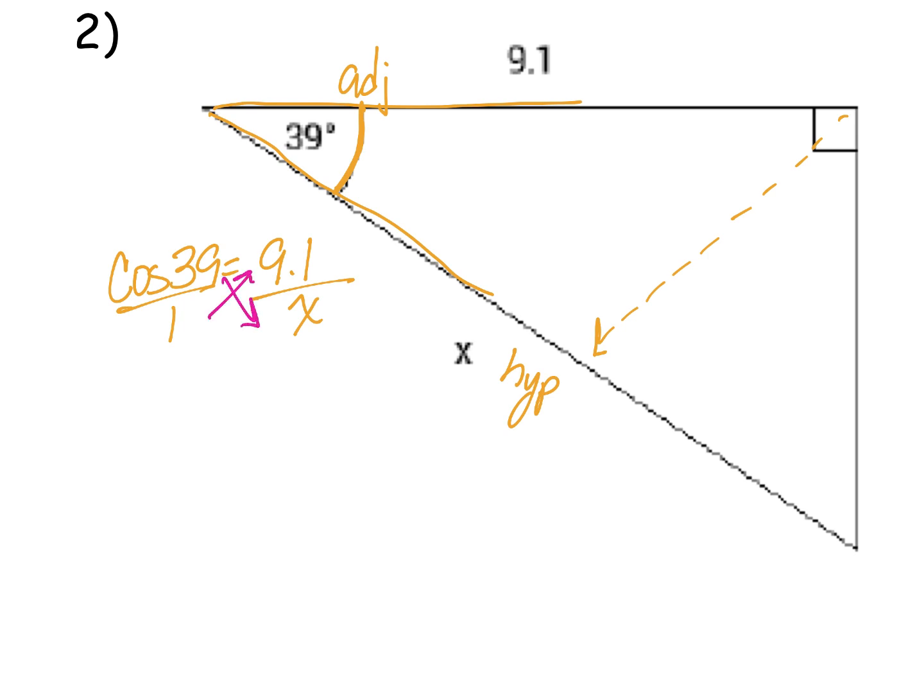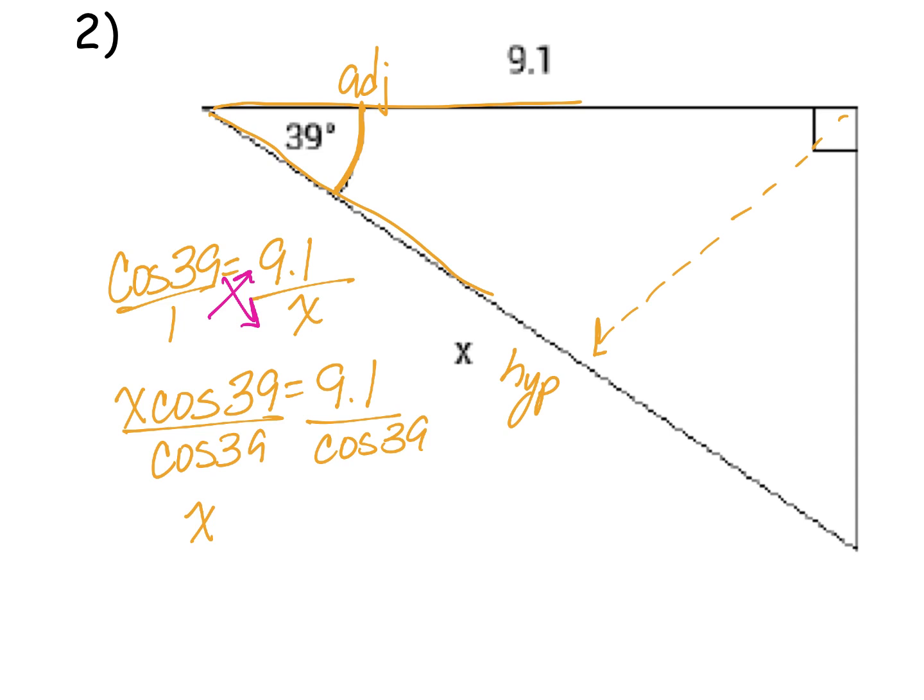Please stop me if you have any questions. So I've got x cosine of 39 equals 9.1. And to get x by itself, I'm going to divide by cosine of 39.